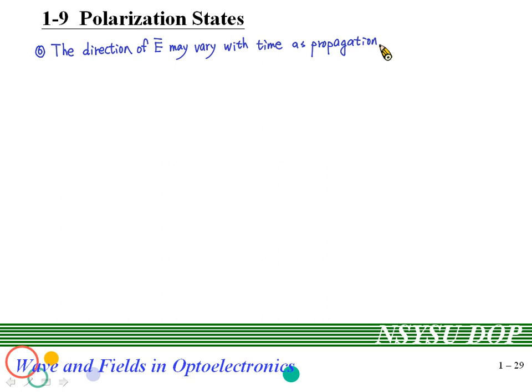So we don't have to consider the direction of these two fields together. We can just consider one direction. So we choose the direction of the E field to define the polarization state. And then we consider the E field of an EM wave in a simple medium.